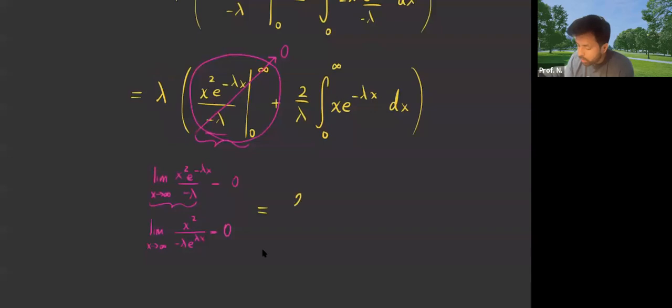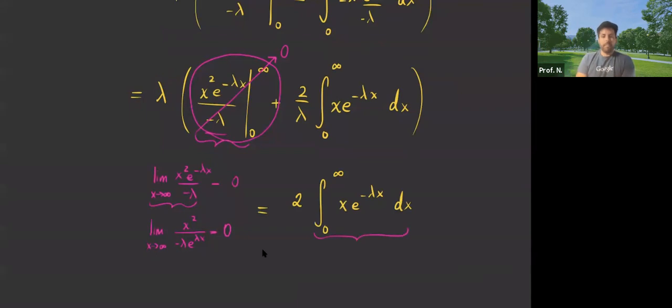And I'm left with 2 times the integral from 0 to infinity of x e to the negative lambda x dx. Now, what do you notice about this integral? We can apply integration by parts one more time. So this is one of those situations where you apply the integration by parts twice, one after the other.